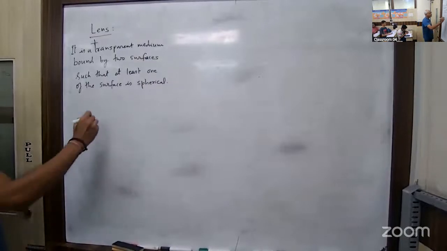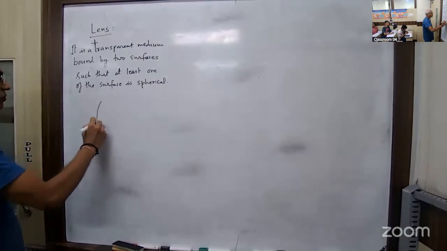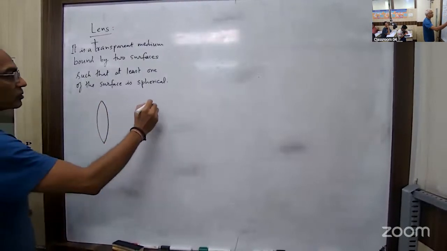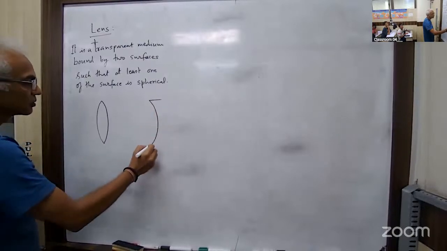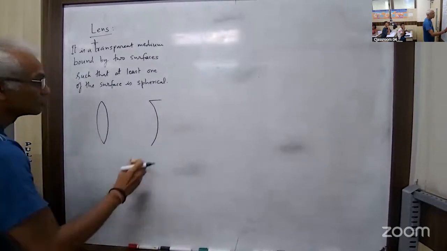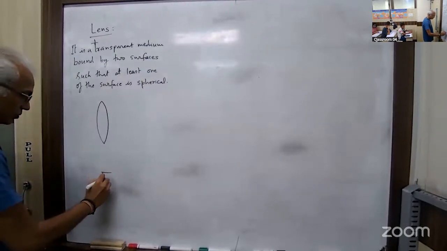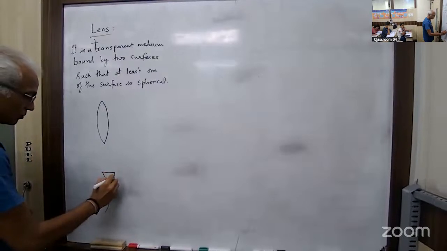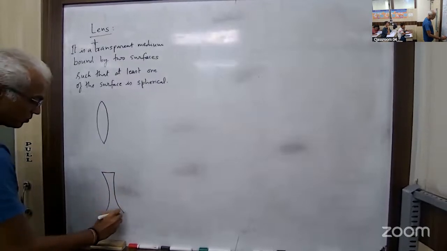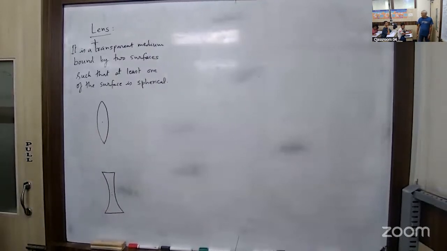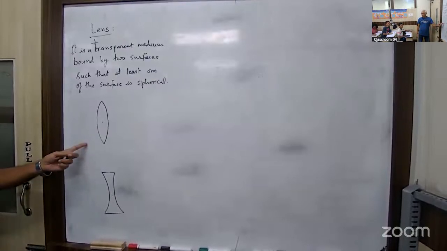So then we have these two types of lenses. Just like how these spherical mirrors were made, this is also cut from a sphere, but now a solid sphere.